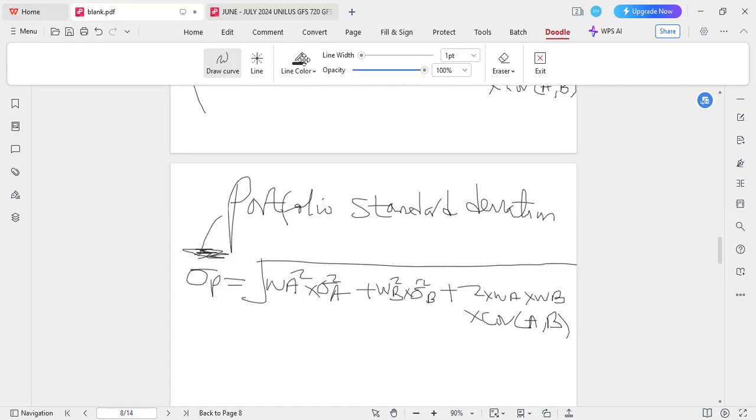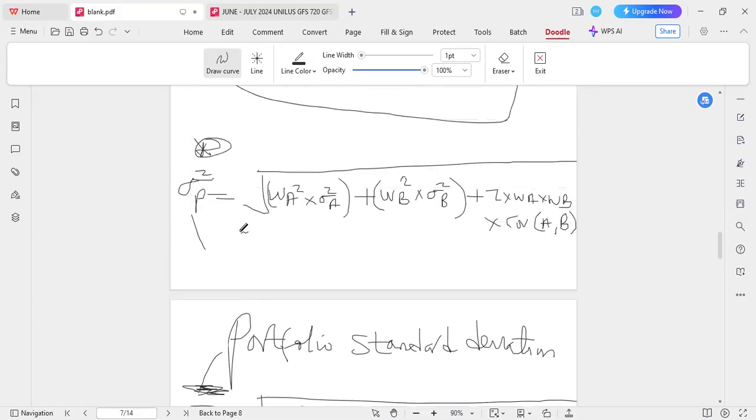All right, so this is just about what goes on as we look at risk and return.